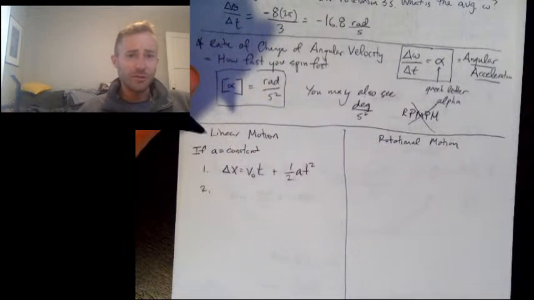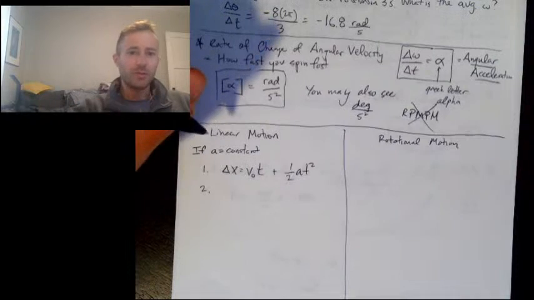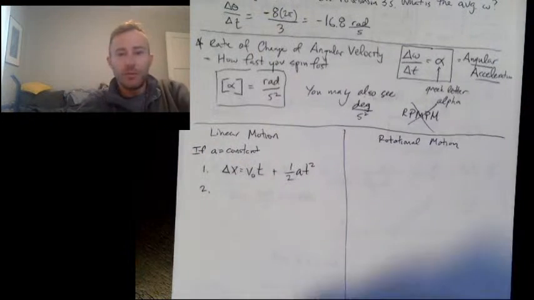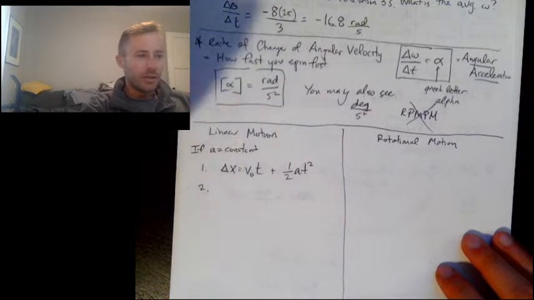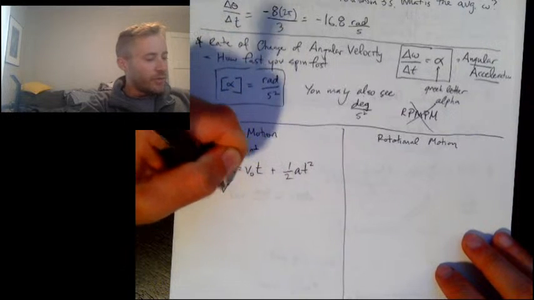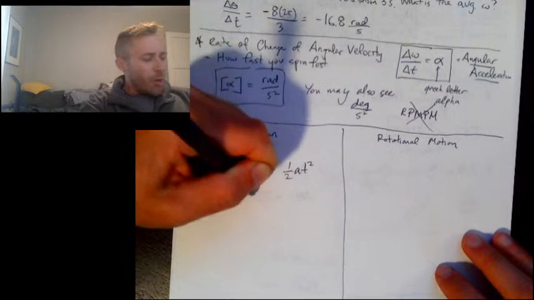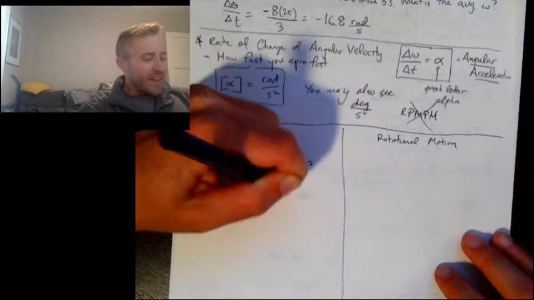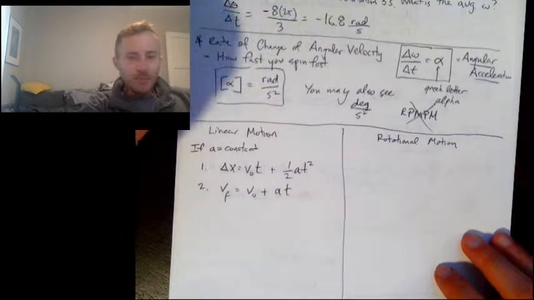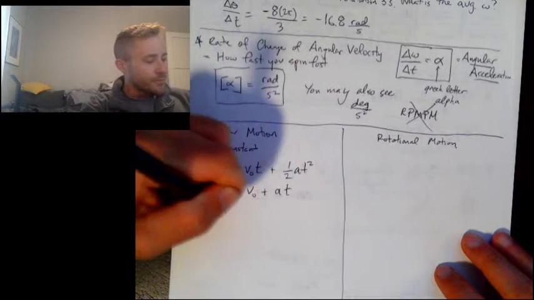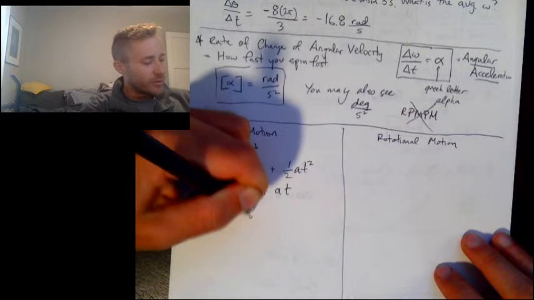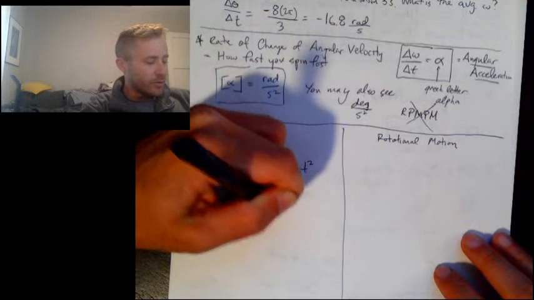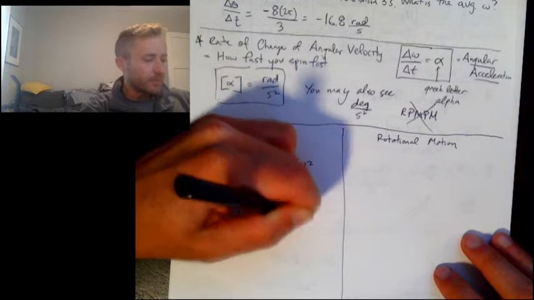Or not necessarily remember, because you can always look it up in your notes, but you recognize that one. There's the equation v final equals v initial plus at. And there was the equation v final squared equals v initial squared plus 2a delta x.